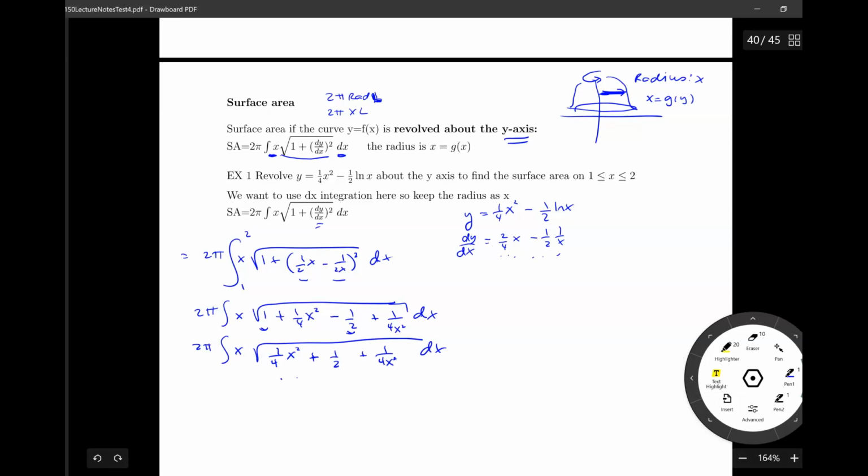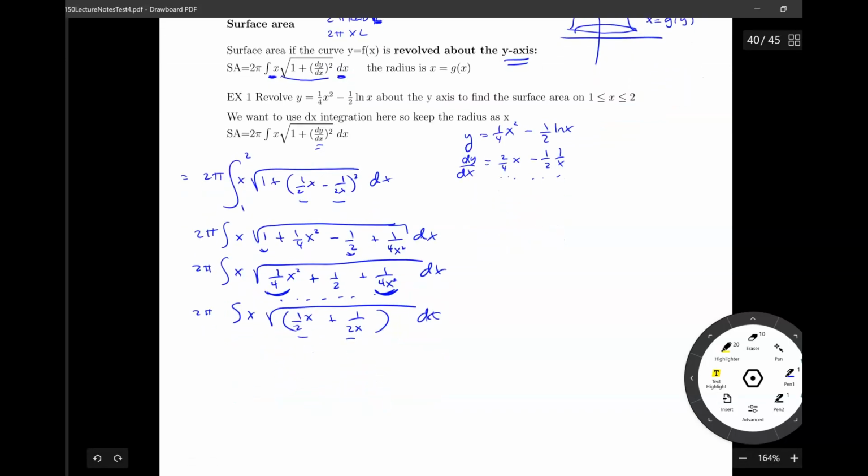Okay, so these three terms here make a perfect square. So I think, what is it that I could square to get this? 1/2 x. What is it that I could square to get this? 1 over 2x. And if I multiply this times 2, do I get a positive 1/2? I do.